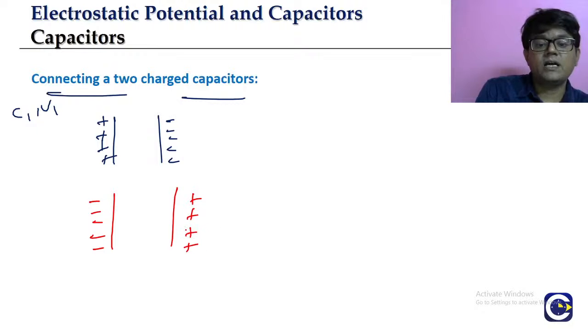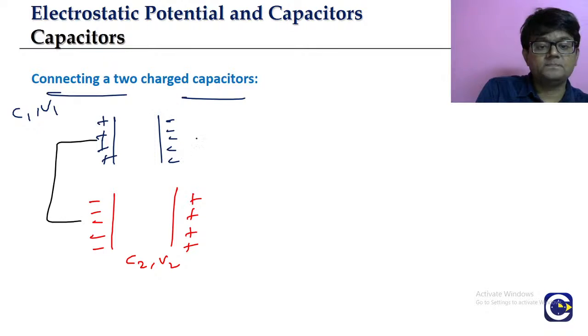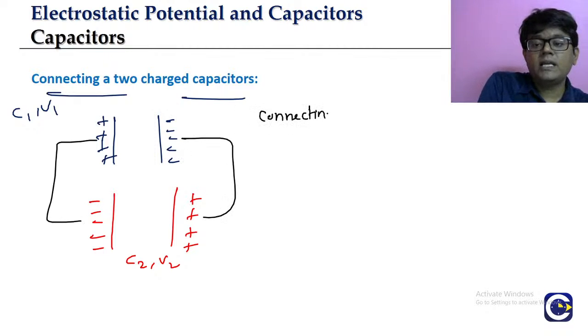Its capacitance is C2, initial voltage is V2. We are connecting the unlike charge plates. So this way of connecting is called connecting unlike charge plates.